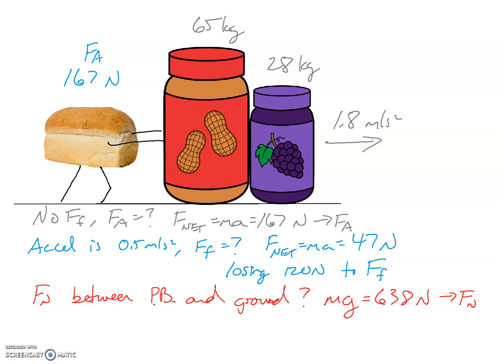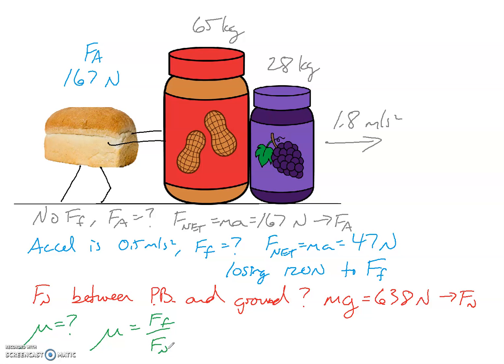So since I've incorporated friction here, maybe we want to find out what the coefficient of friction is. Now, we don't just have one source of friction, we have two sources of friction. Both of them have friction. We'll just say it's the same coefficient for each. To find the coefficient of friction, we need the force of friction as well as Fn.